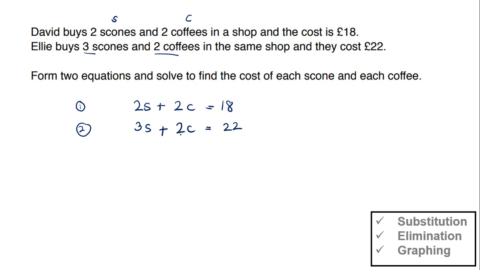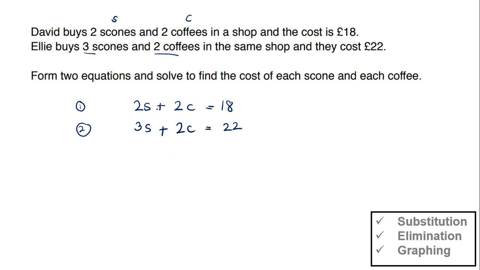Now that we have two separate equations, we have to decide which one to use: substitution, elimination, or graphing. Which one looks easier here? It's best to use substitution when a variable is standing alone, which means you don't have a number attached to it, either a 2 or a 4 or 5 or anything.